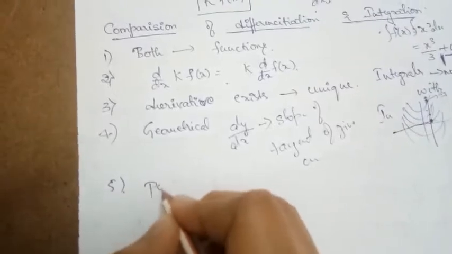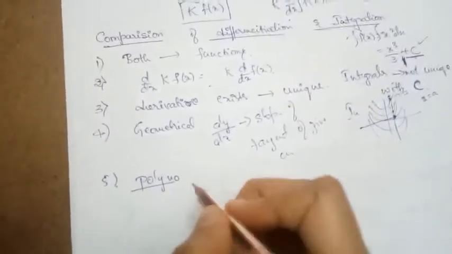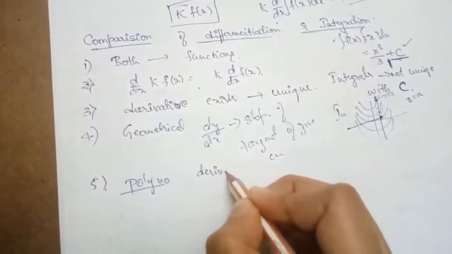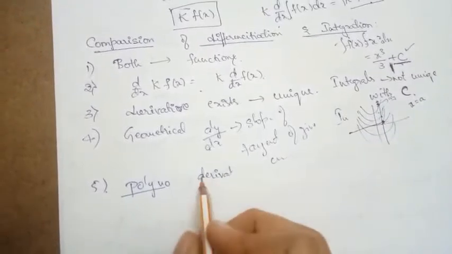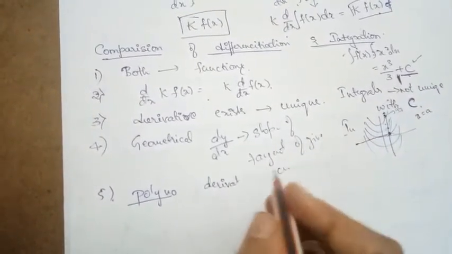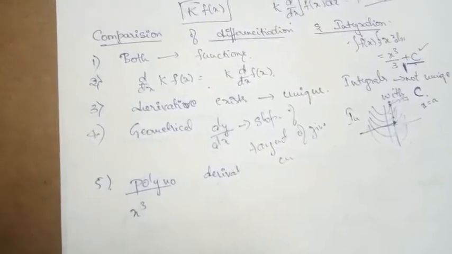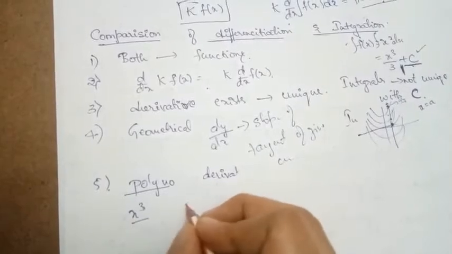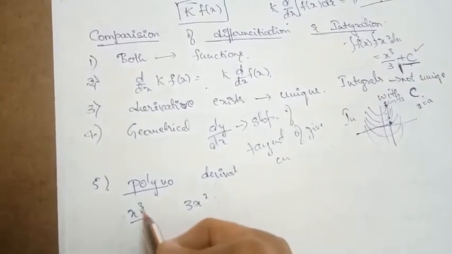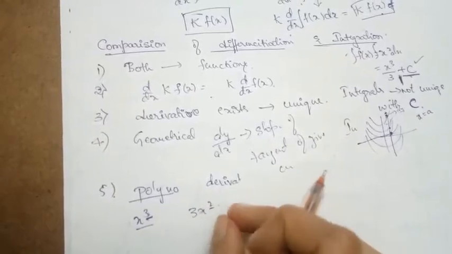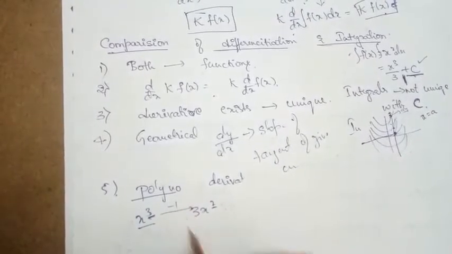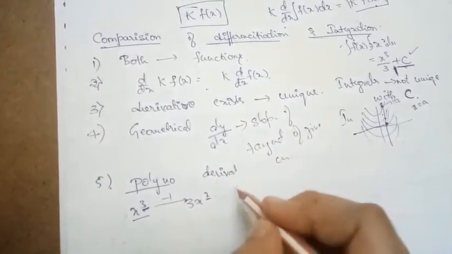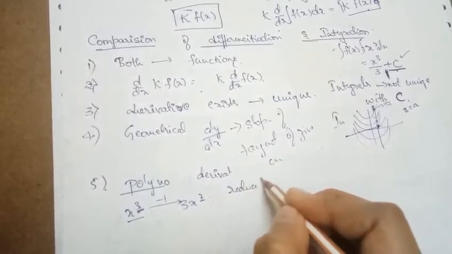Now if I talk about a polynomial function, in the derivatives, if I differentiate a polynomial function, say x cube, what is the derivative of x cube? It is 3x square. So the power of the function in the derivative is reduced by 1.